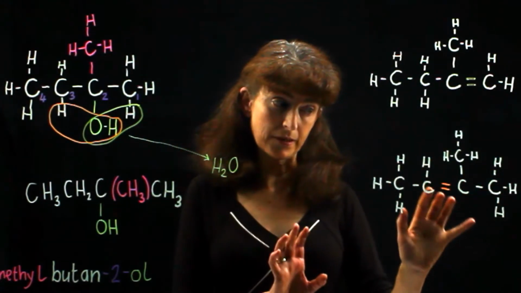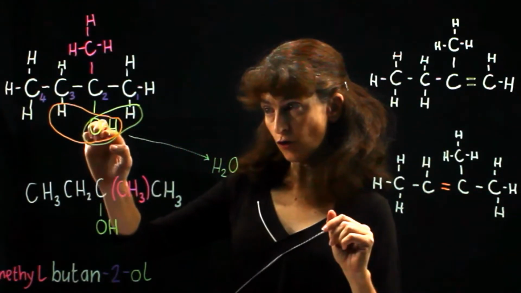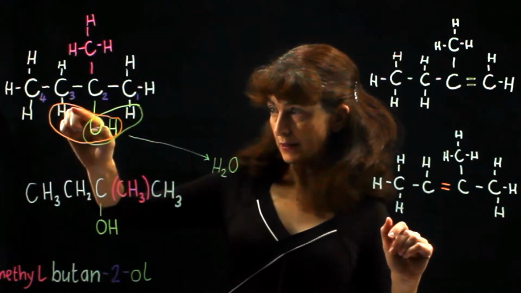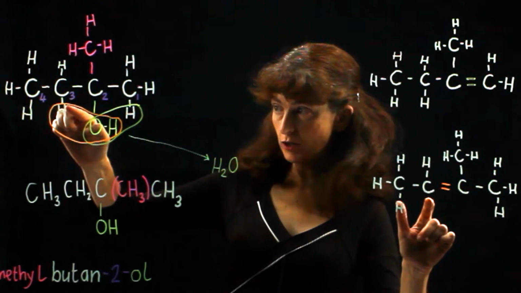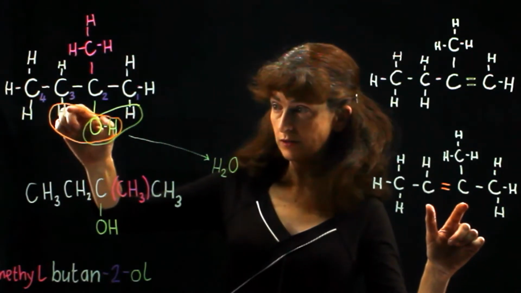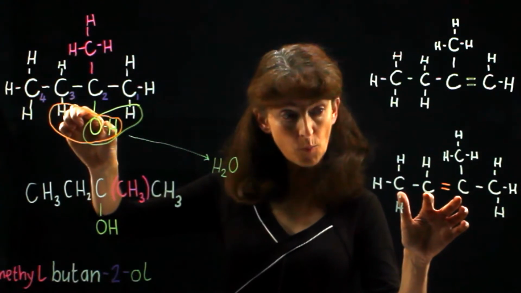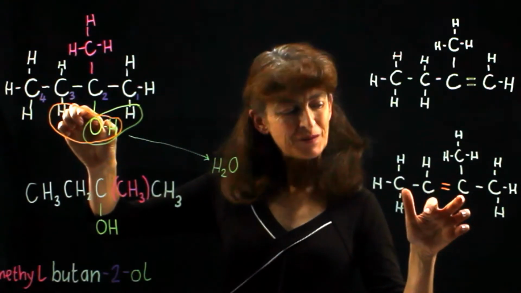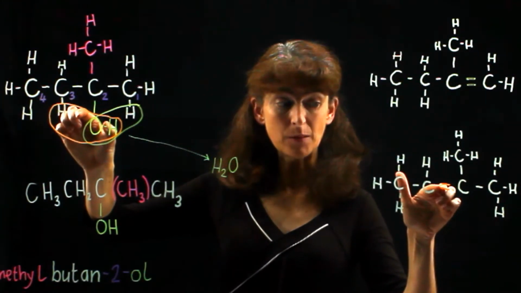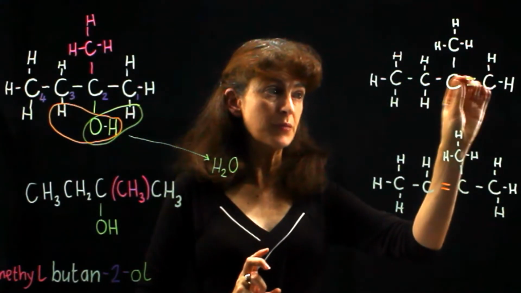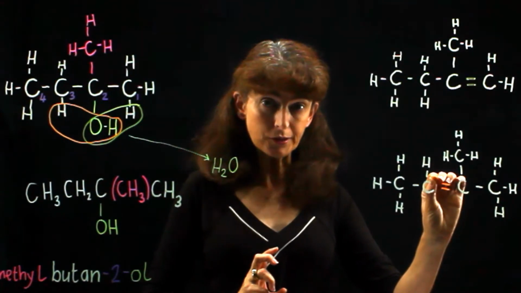So we see what's happened here is that that hydroxide has gone off with that hydrogen, and so as a result you can't see the hydrogen there anymore, nor the hydroxyl there anymore, but these 2 carbons still need to each have 4 bonds, and so those things are replaced by a double bond. So we can see that these 2 alkenes differ in the position of the double bond.